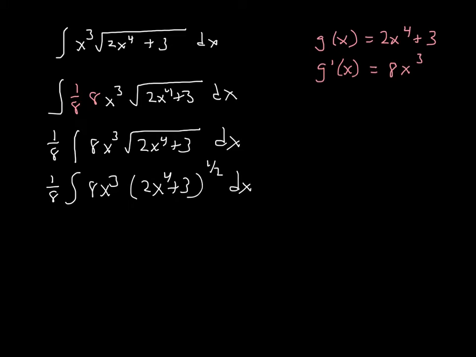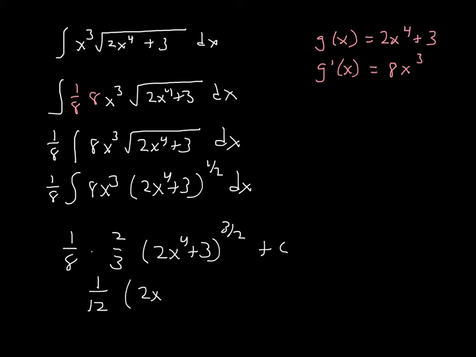And so by using the general power rule again, I know that this one is going to become 1/8 times 2/3 times (2x to the 4th plus 3) to the 3/2 power plus c. Or, when I simplify that, I'm going to get 1/12 times (2x to the 4th plus 3) to the 3/2 power plus c.